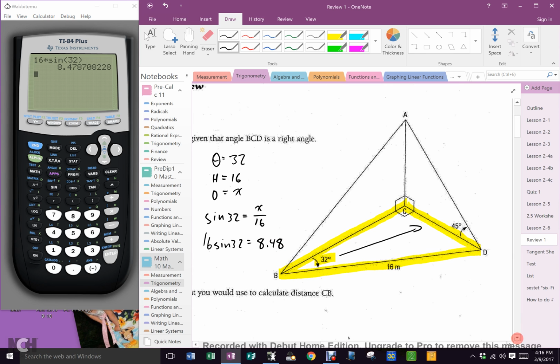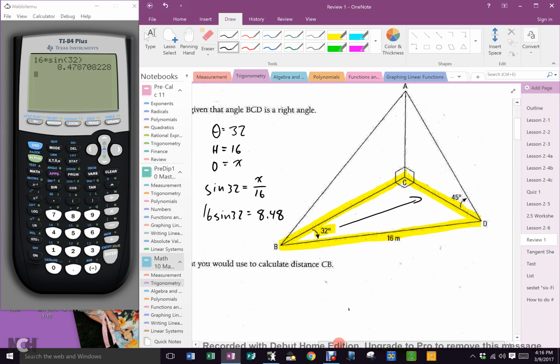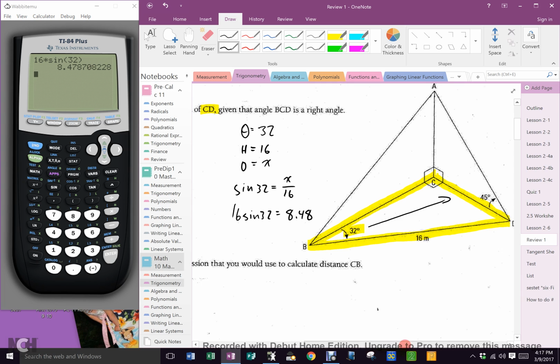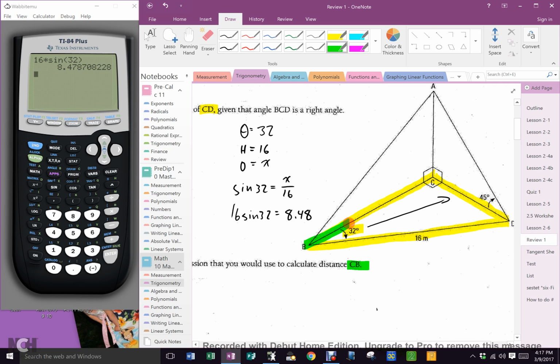Now, I need to say, what would I use to do CB? Well, here is CB. I'm going to highlight that one in green. There is CB. What would I use to find CB? Well, I have an O, and a theta of 32, and I have an H of 16, and now I even know my O is 8.48.